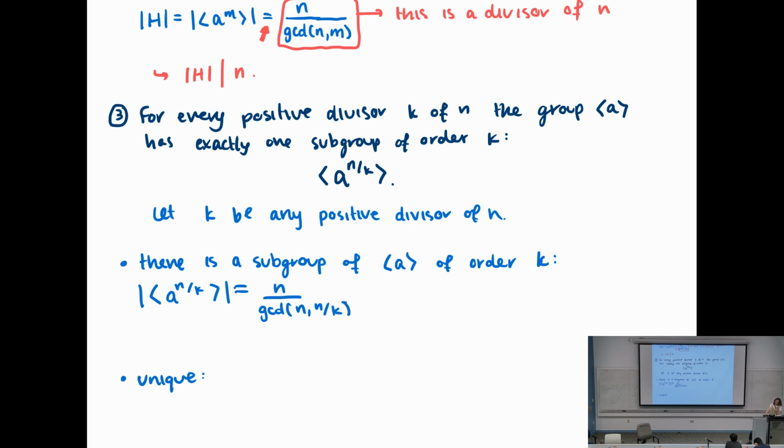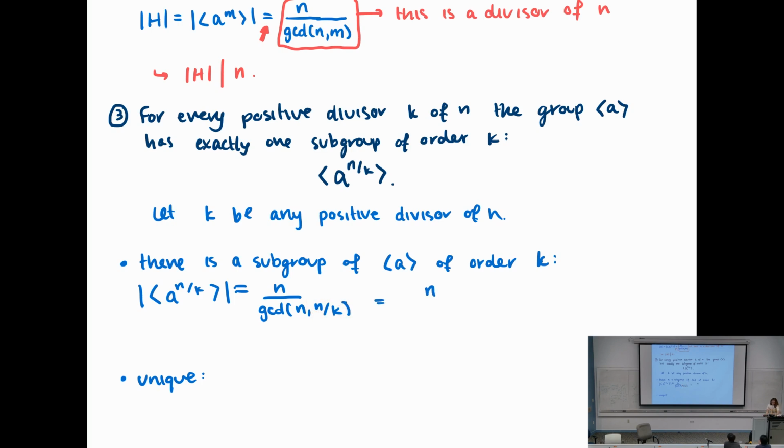Since n over k is a number that divides n, the greatest common divisor of n and n over k is just n over k.